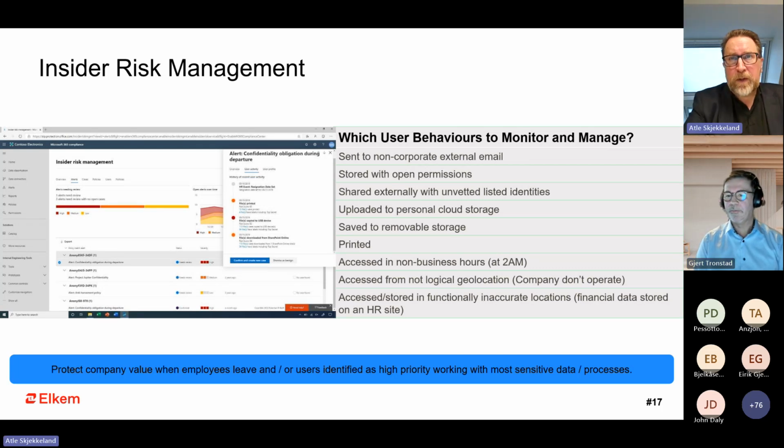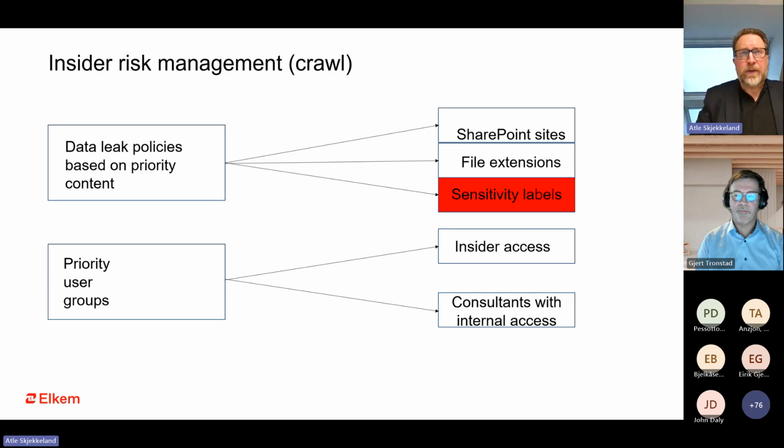So if we follow the crawl, walk, run methodology, we start from crawl for insider risk management with data leak policies. It could be looking at things being taken from specific SharePoint sites that have sensitive information.